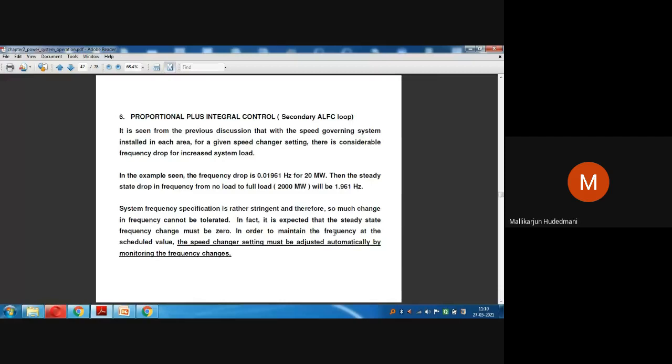So in order to maintain the frequency at the scheduled value, the speed changer setting must be adjusted so that it is able to cope with the requirement. That is being done by the proportional integral controller, feeding the frequency deviation into the input block of the governor, having measured the error, magnified it, and the integral of that is fed to the block here.